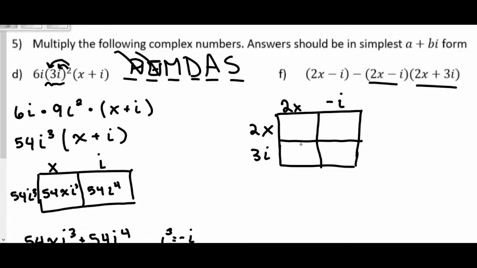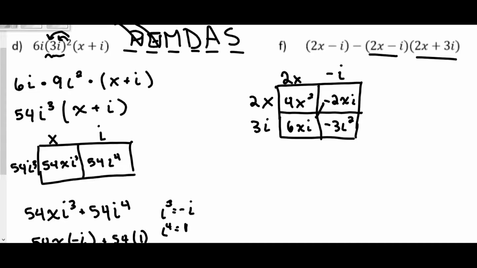So 2x times 2x is 4x squared. 2x times negative i is negative 2xi. 2x times 3i is 6xi. 3i times negative i is negative 3i squared. Our diagonals combine. So we get 4x squared plus 4xi minus 3i squared.